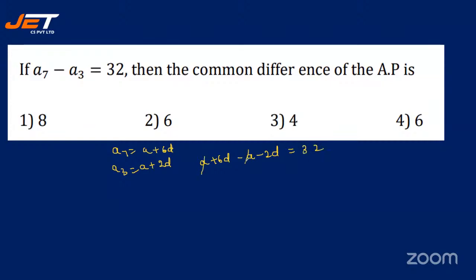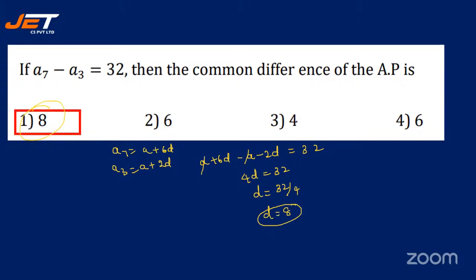So plus A minus A. 6 minus 2 is 4D is equal to 32. D is equal to 32 divided by 4. Okay. 4 8s are 32. Correct. So it should be option 1. Let's check. Yes, it is option 1.